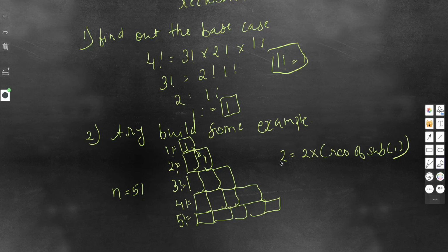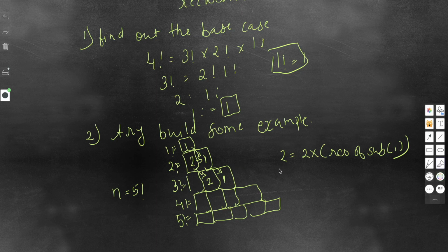The result of the sub problem is 1. This is the sub problem that exists for 2. So I got the answer from that side, that is 1. So 2 into 1, that is going to be 2. Sub problem 1, answer written as 1. Sub problem 2, answer written as 2.